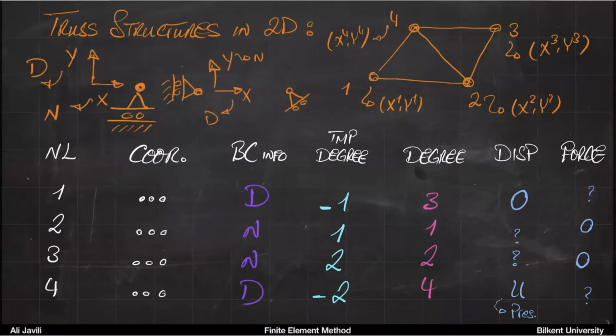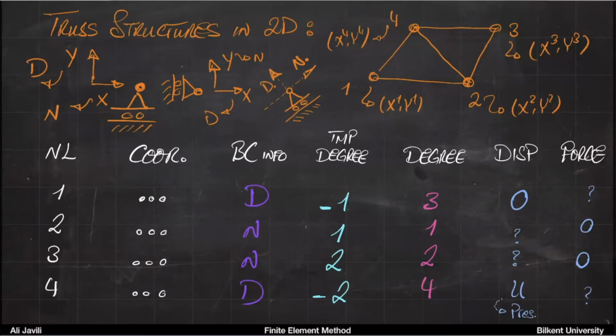You can even have a roller with an angle. So that basically tells you that you need to rotate your coordinate system. And if you rotate your coordinate system, then in this direction it's free, or this is your Neumann direction. This is your Dirichlet direction, because it cannot move in that direction.